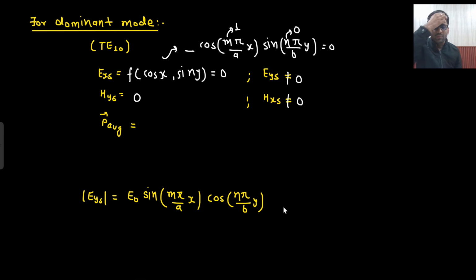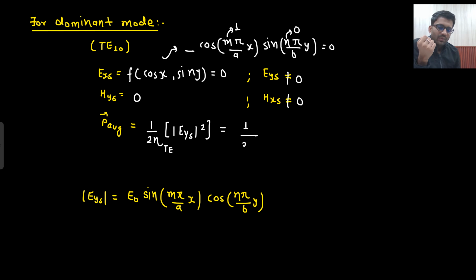Okay. Now P average I need to write. So for P average, what will the formula be now? 1 by 2 eta, mode of EYS square only. And since it is TE mode, eta TE. Or you could have written 1 by 2 eta TM, sorry, it is TE mode only, no?